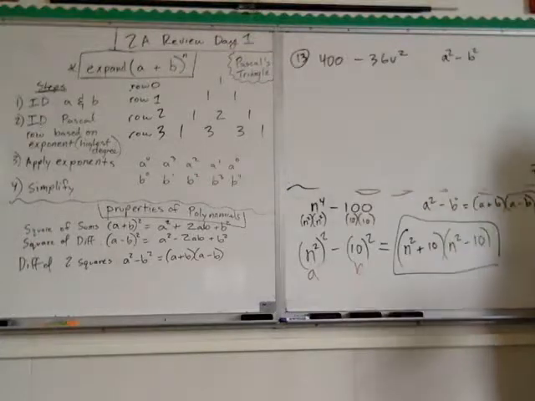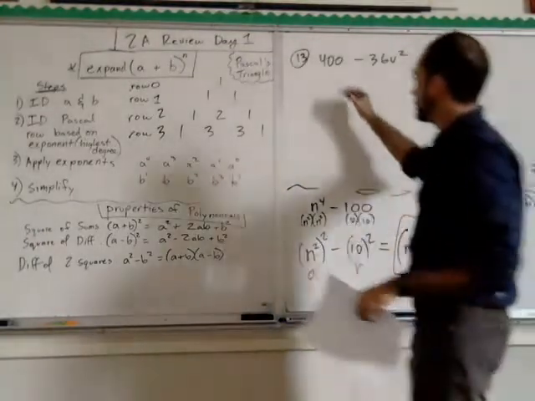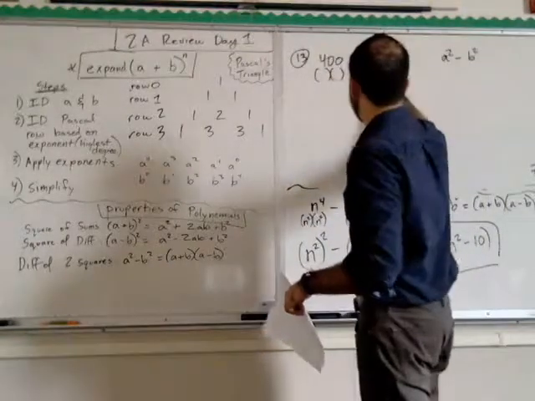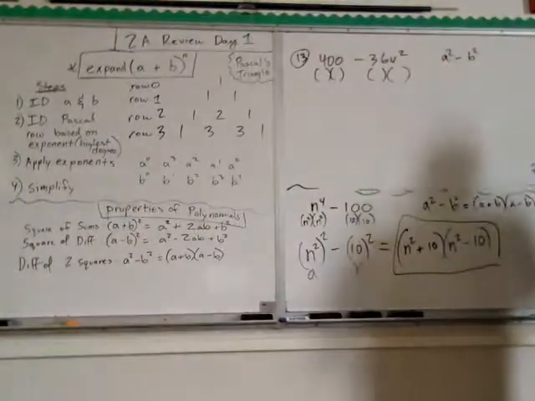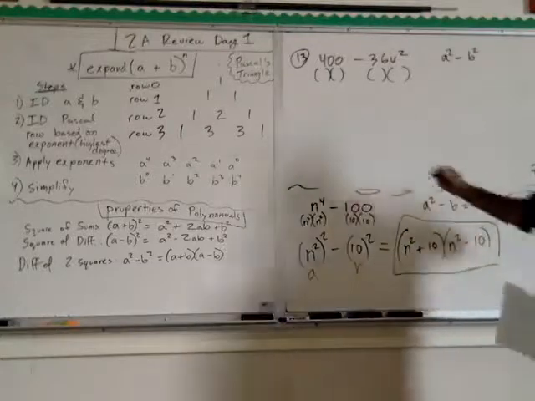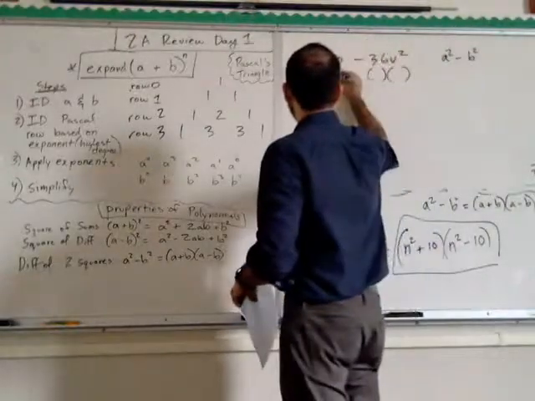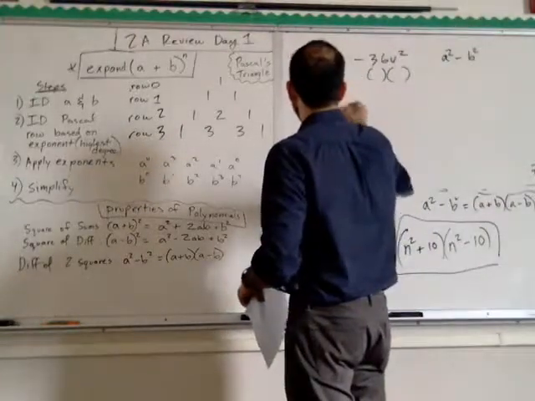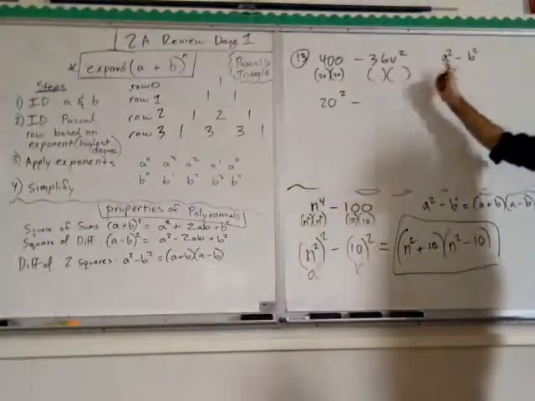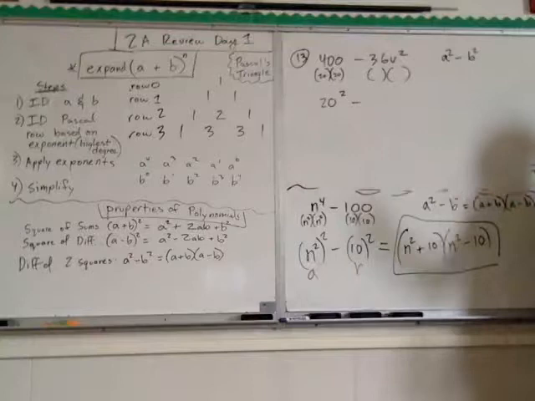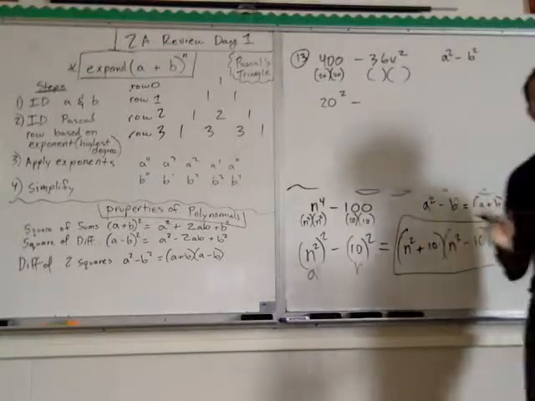So if I look at this, I'm going to just say, well, I want to put this in a squared form. So what times what gives me 400? 20 and 20. So essentially what I've done is I've said 400 is equal to 20 squared, which is in the configuration that I need. It's some value squared. So we force it in that way, right?